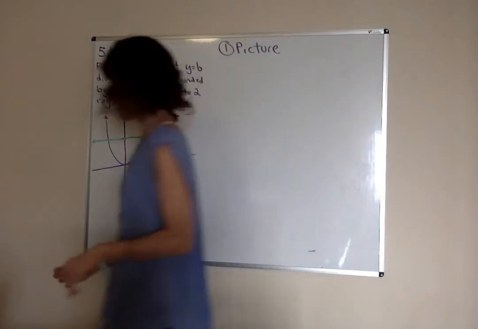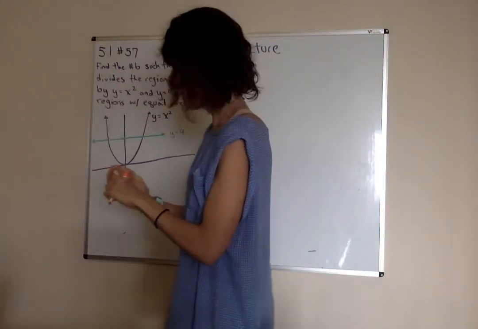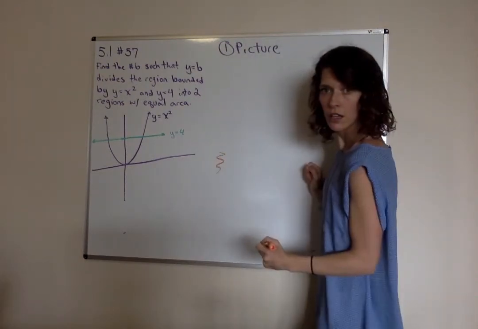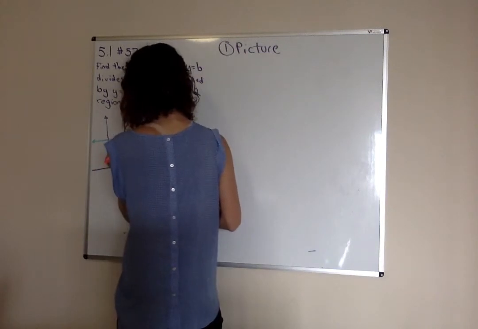I'm going to use a lot of colors today, so hopefully this one shows up. Let's see. Yeah, that's not so bad. Okay, so I'm going to draw in the line y equals b.